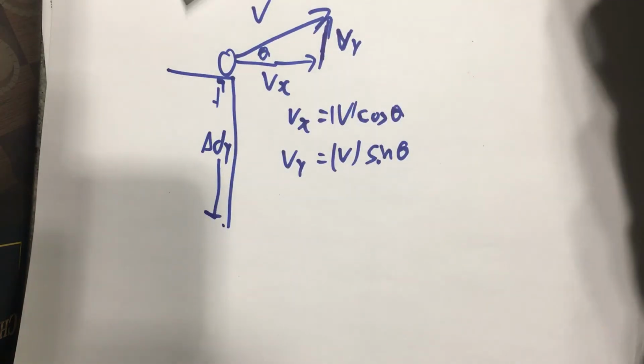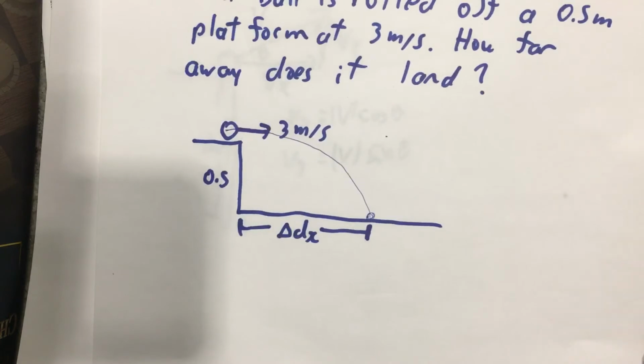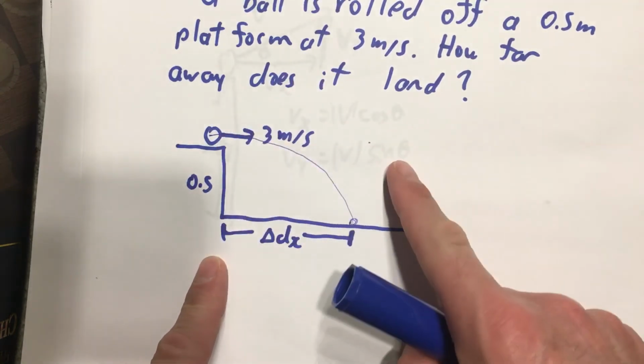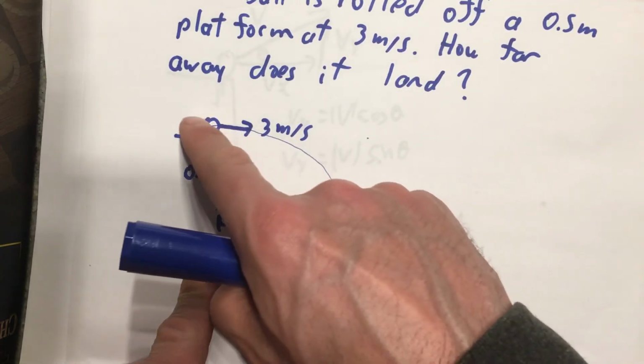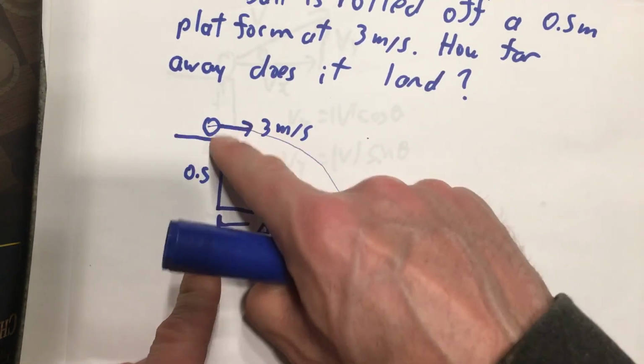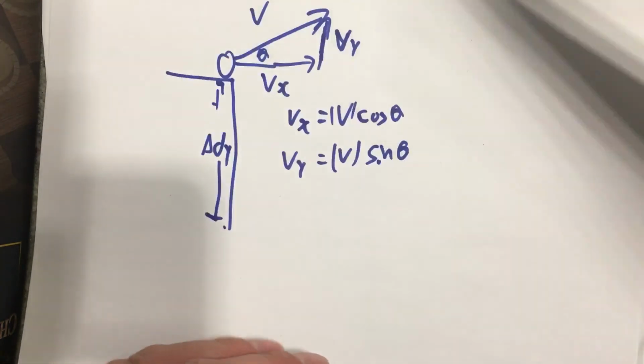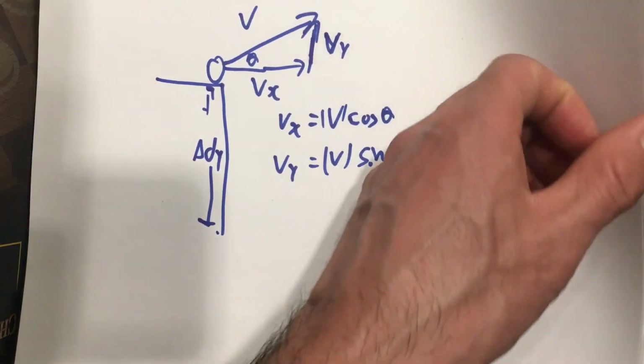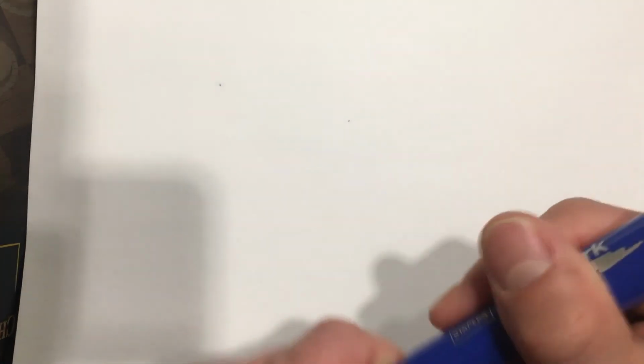For this year, and for anyone watching this who's not in my class, it's an introductory physics class. Our projectile motion problems will either be purely horizontal off of a platform, or if you're given an angle of inclination, it's going to be a soccer ball or perhaps a football kicked off the ground, maybe like a golf ball.